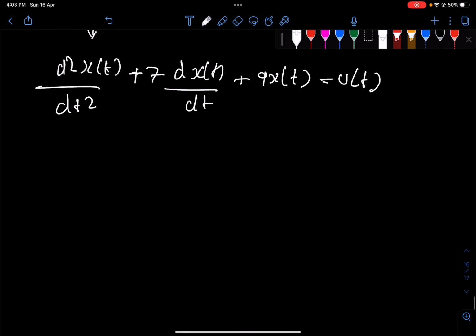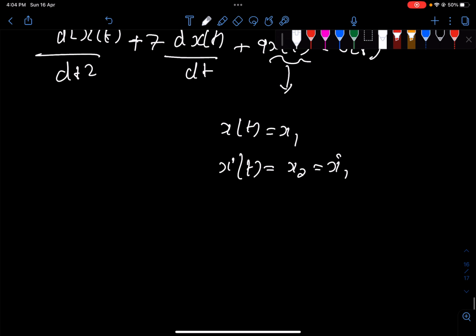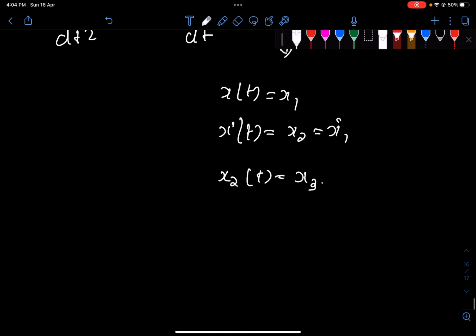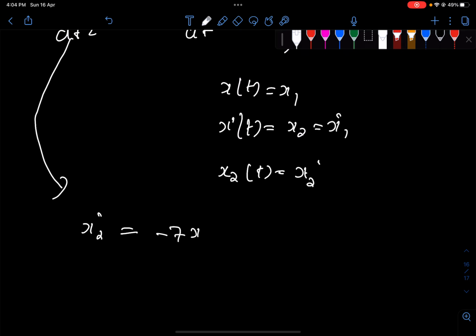Then what will we do? We will substitute the lowest power x(t) as x1, and the first derivative will be x2, and it is x1 dot. And the last one, the second derivative, will be x2 dot.